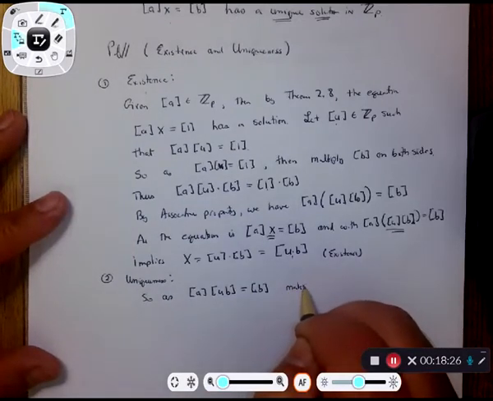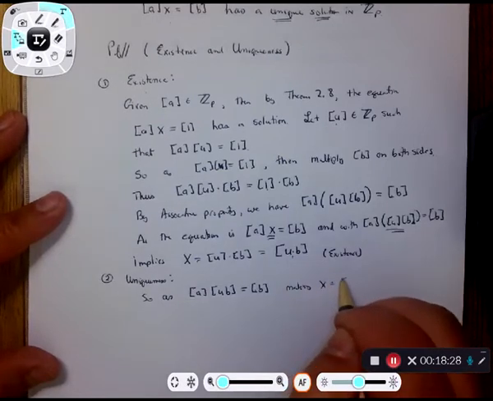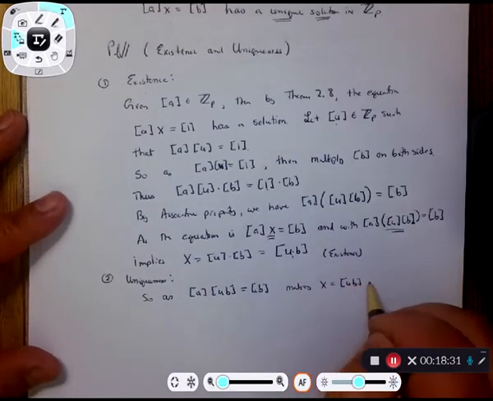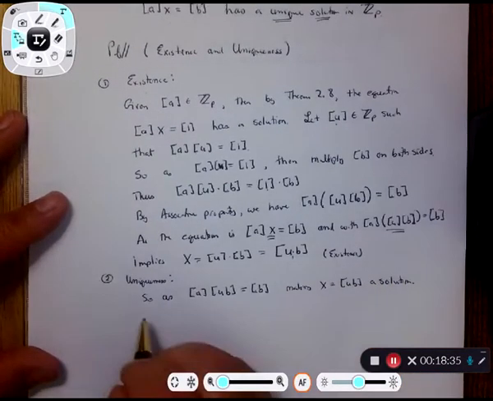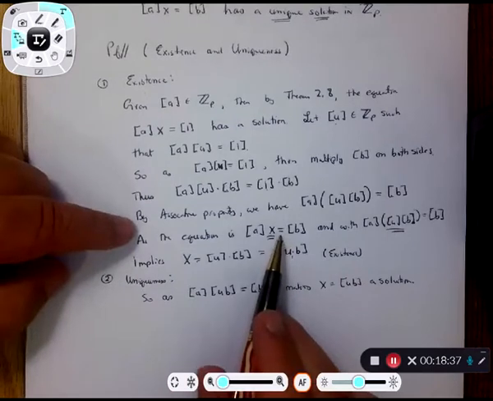Making x equal to equivalence class U times B a solution. Okay, so I'm just restating what we basically had up here.